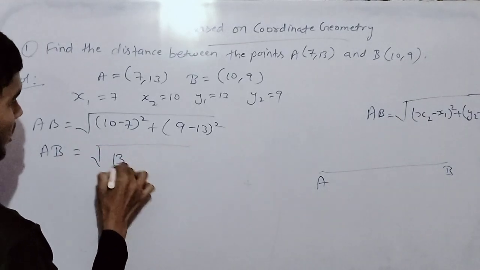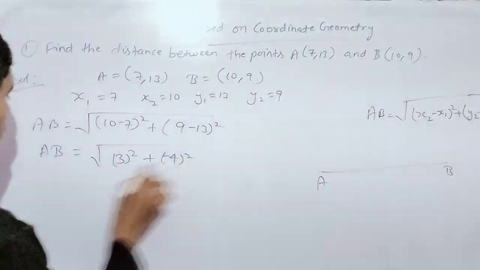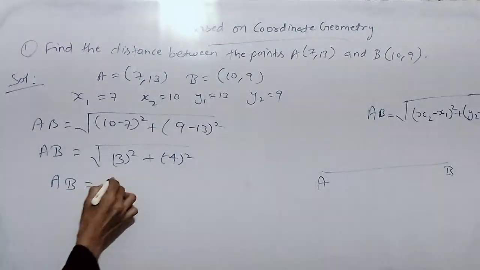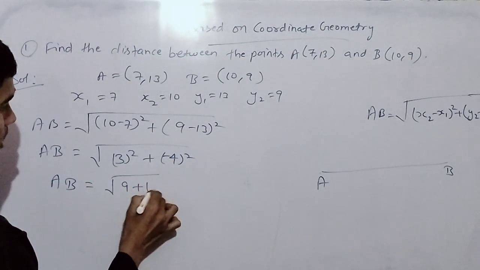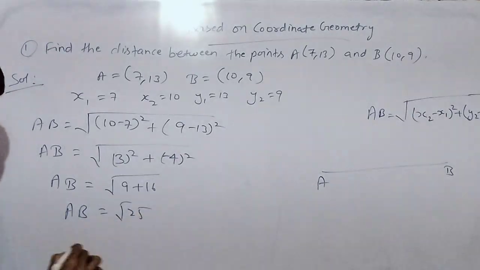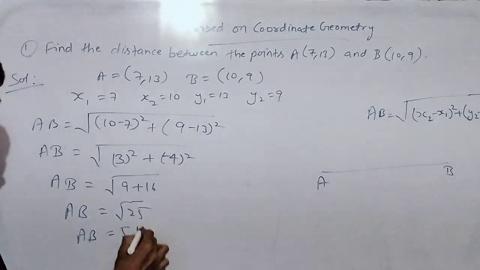Now 3 and here minus 4. 3 threes are 9 plus 16, AB is equal to the square root of 25. Now the distance AB came as 5 units.